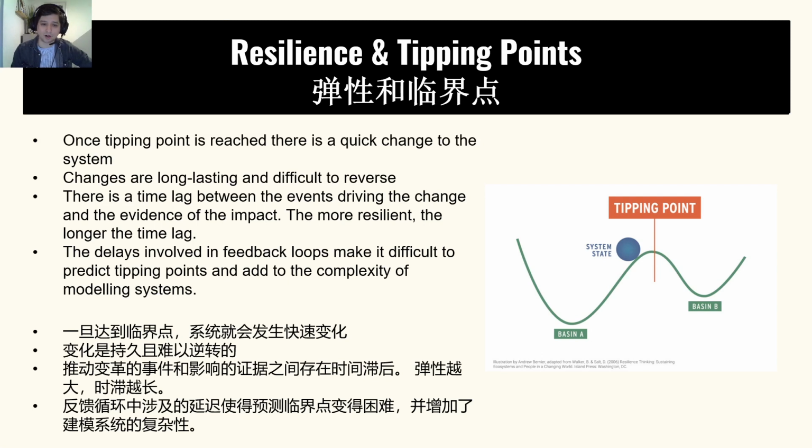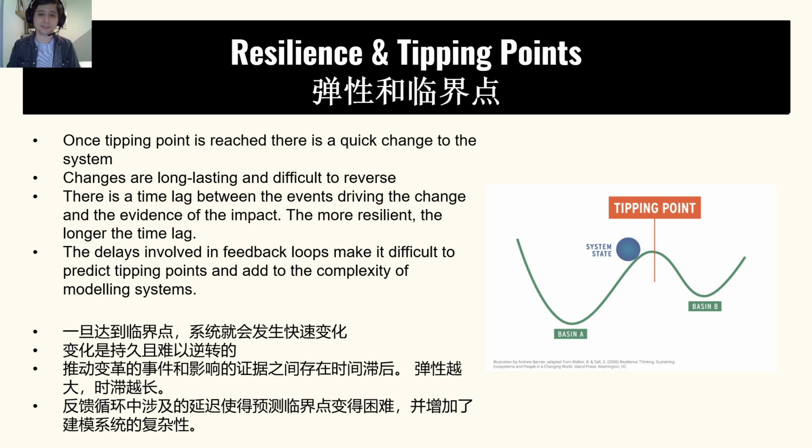And the delays involved in feedback loops make it difficult to predict tipping points and add to the complexity of modeling systems. So it's hard to predict when an ecosystem is reaching the tipping point because we have these time lags, right?